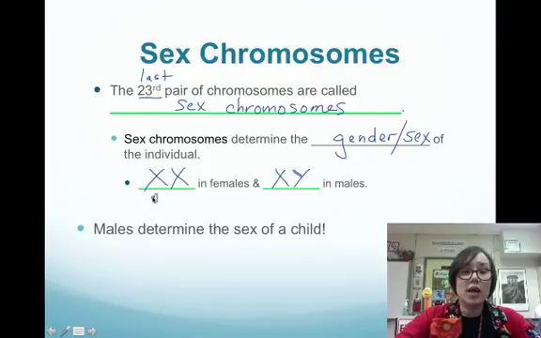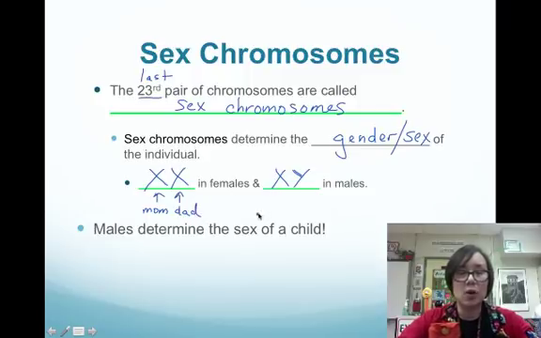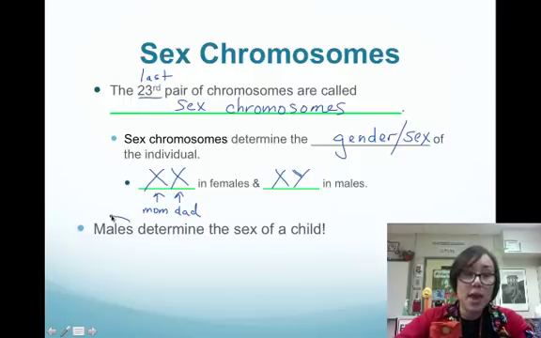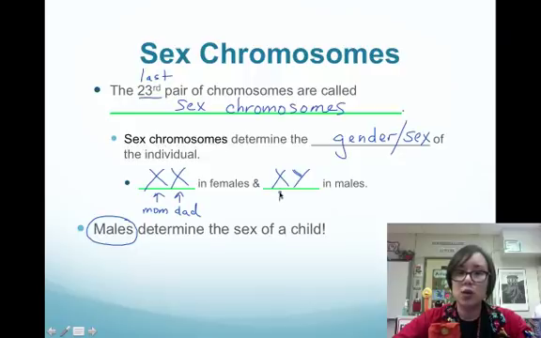Now the reason why this is the case is because mom gives an X, and dad also gave an X to make a female. The unique thing is that mom can only give X's. So the male actually determines the sex of the child. So the dad is in charge of that. So again, if you're a male, mom gave you an X because it's the only thing that she could give you.